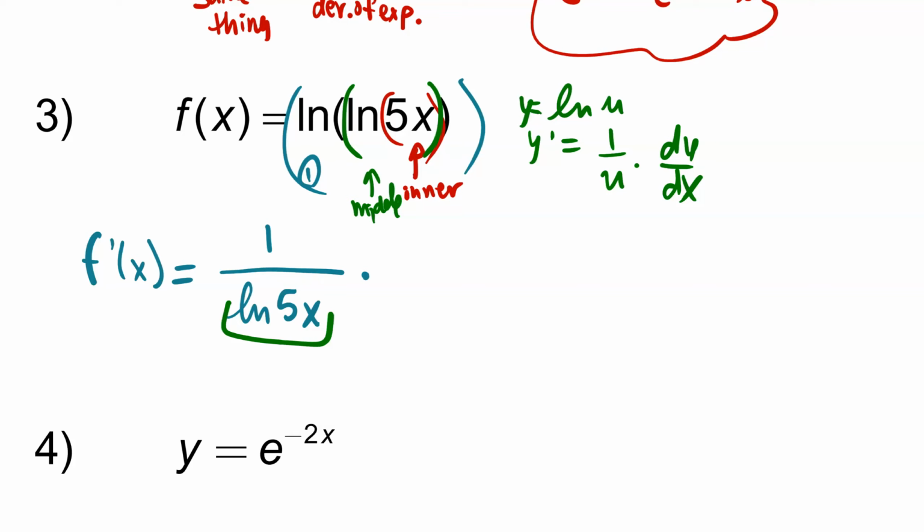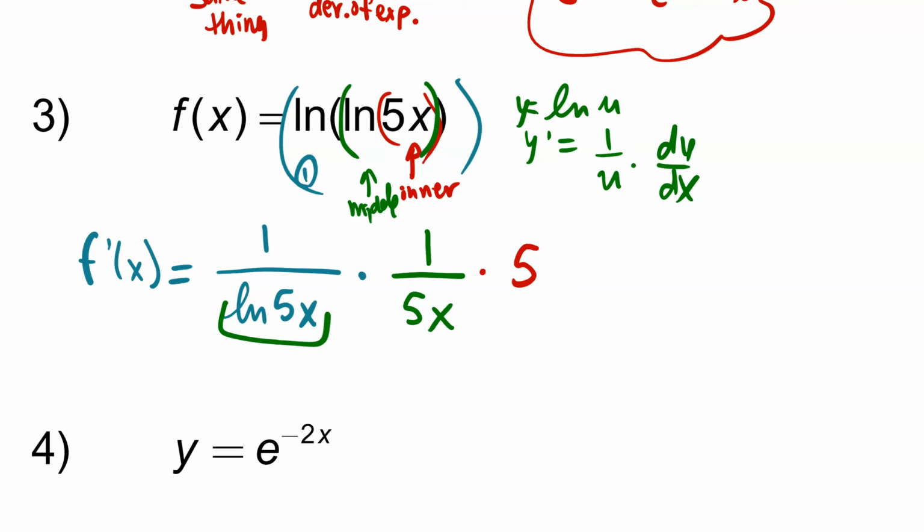This is my u, and then what's the derivative of ln of 5x? It's 1 over 5x times the derivative of 5x, which is 5. I'm literally using the same rule. Let me write it out, maybe that would help.